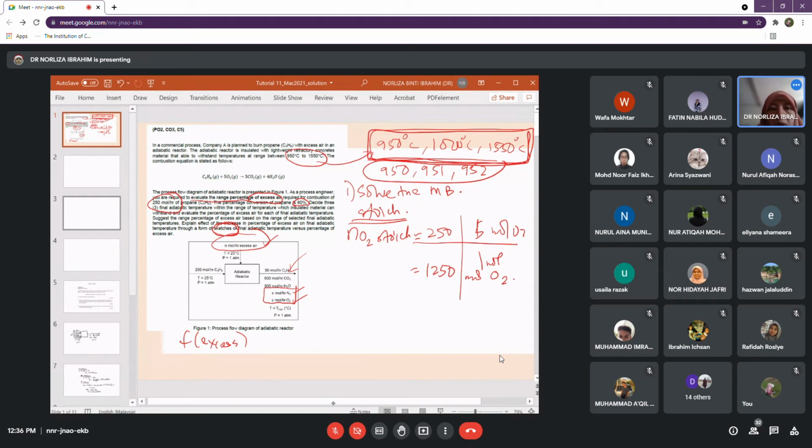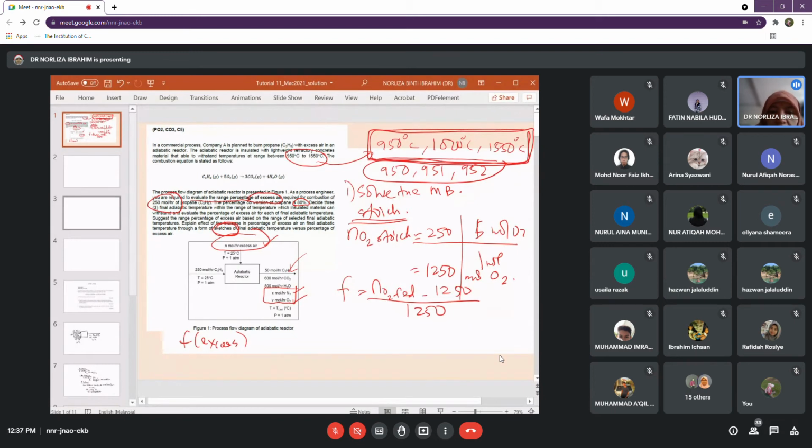Now the rest is in excess. If 250, with 80% conversion, you need a calculator. So you got this 1250. This is the formula for our excess: N of the oxygen fed minus the stoichiometric 1250, over 1250.